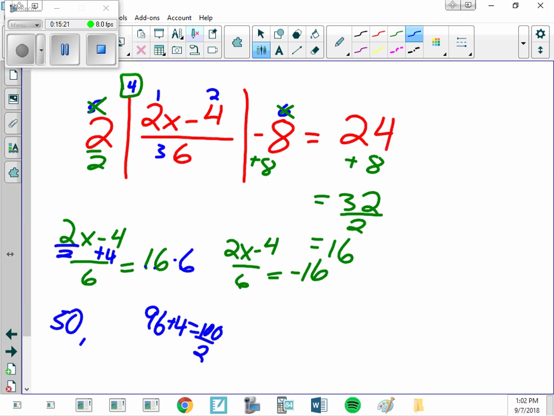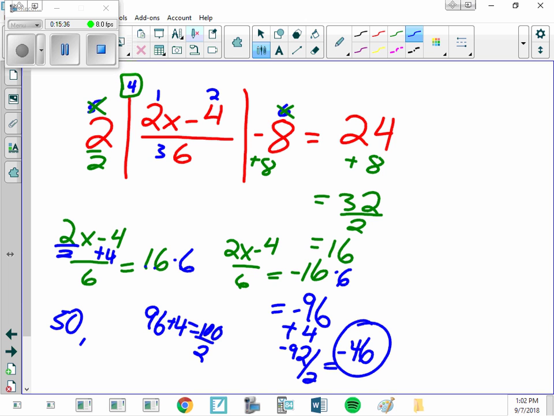Okay, over here, multiply by 6, I get negative 96, add 4, and I get negative 92, divide by 2, and I get negative 46. Those are my two answers, 50 and negative 46. All right, think you can handle that? Okay, there is your absolute value worksheet.